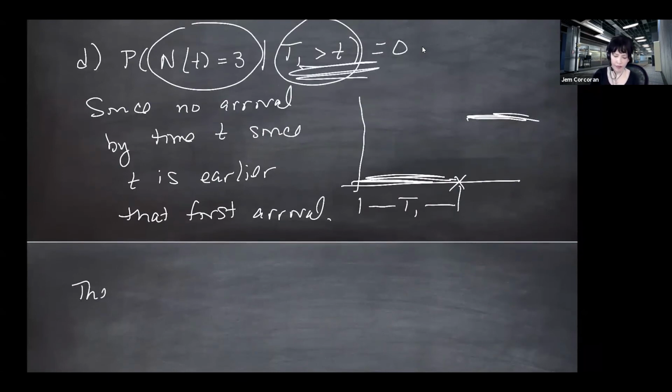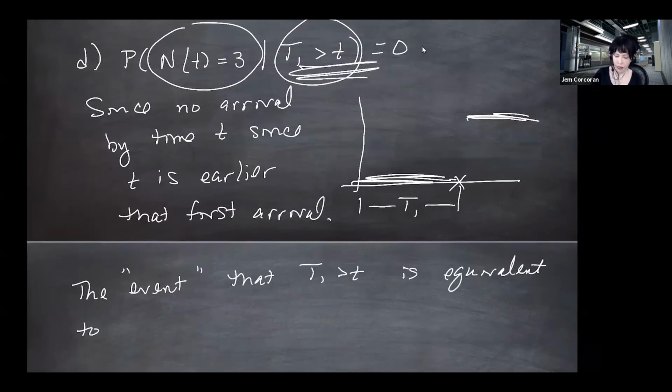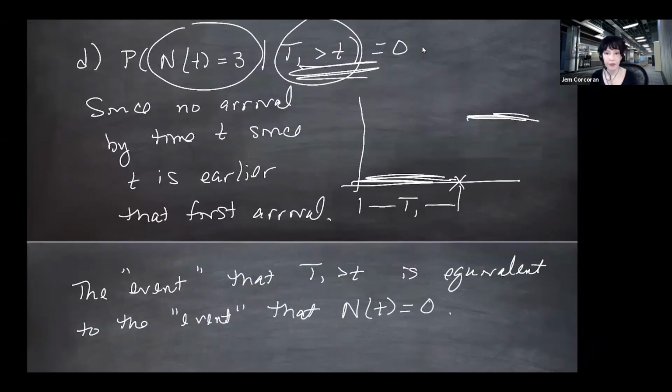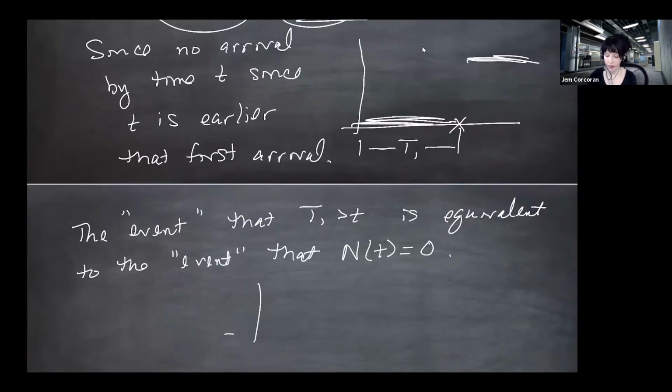So like the event that T1 is greater than t is equivalent to the event that the number of arrivals at time t is 0. So here's time t. If the first arrival isn't until after t, then there were no arrivals in here. And if there were no arrivals in here, the first arrival isn't until a time after t.